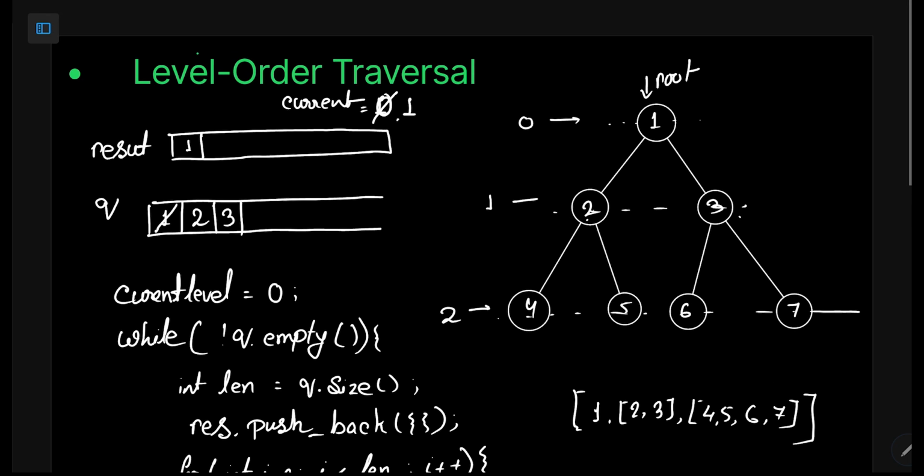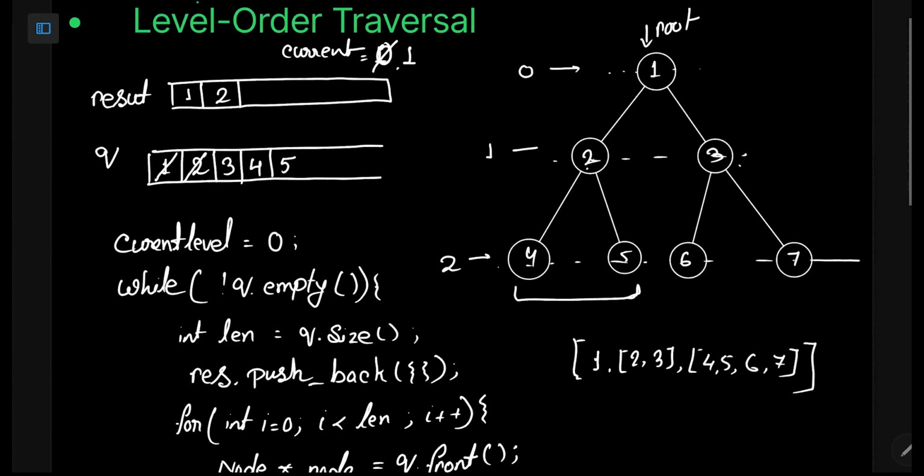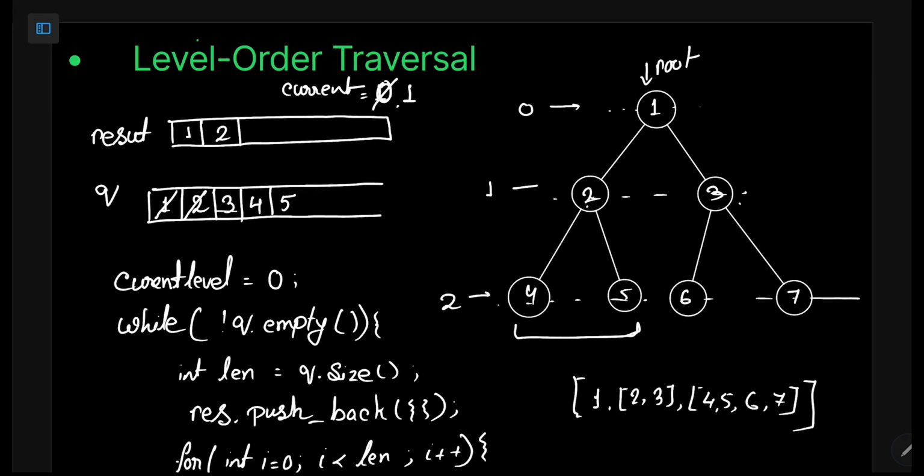First 2 will go to the result, and 2 will be popped out, and then it will store the children of 2: left of 2 is 4, and right of 2 is 5.